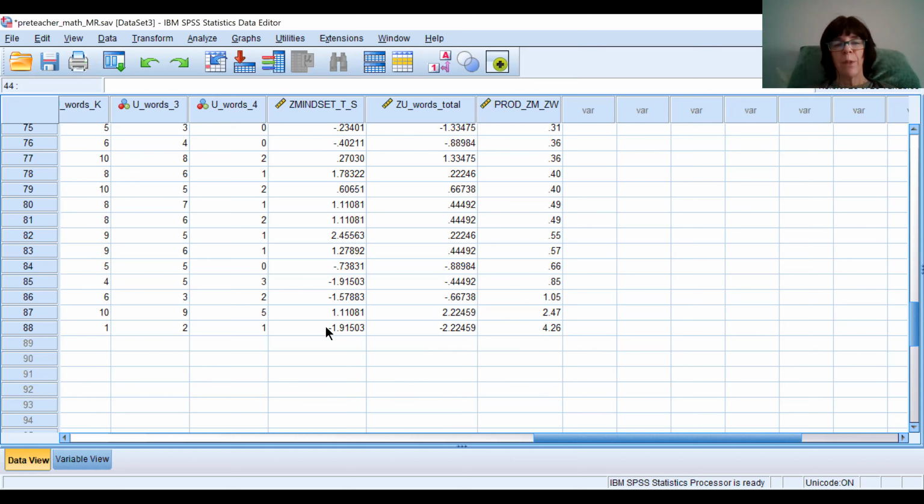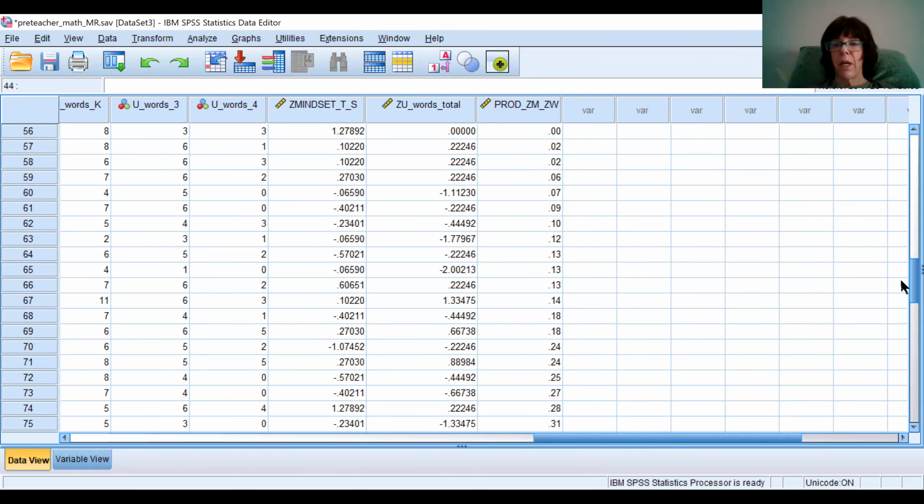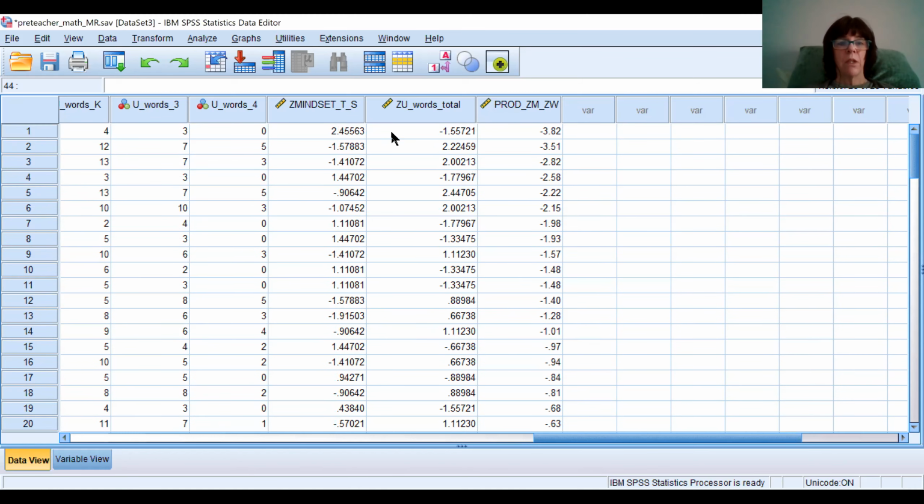You'll note that they will be positive when both values have the same sign, because a negative times a negative is a positive. And here you have a person who's above average on mindset, so they have quite a fixed mindset, but they have a low usage of unique words. So they have a negative product.